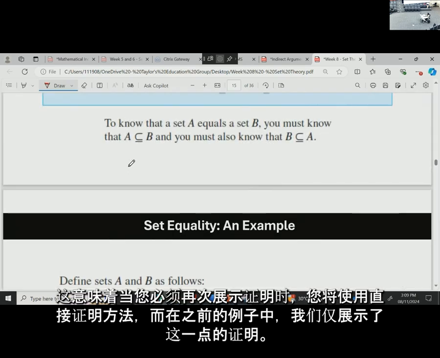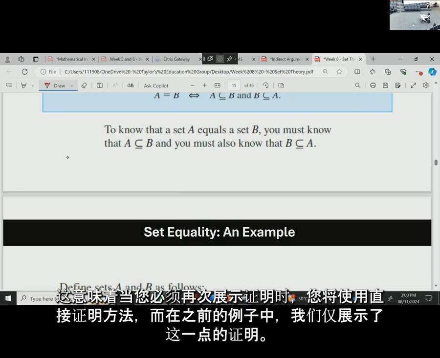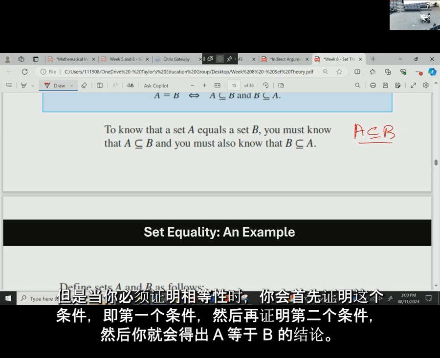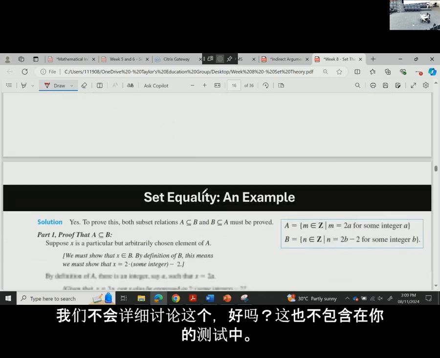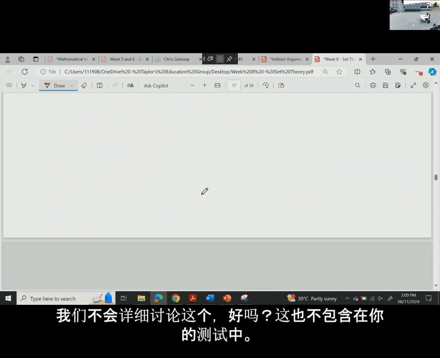When you have to show the proof, again you will be using the direct proof method, and in your previous example we were only showing the proof for one condition, but when you have to show the proof for equality, you will first show the proof for the first condition, and then you will show the proof for the second condition, and then you will reach the conclusion that A is equal to B. We will not go into the detail of that. Okay, that is not included in your test also.